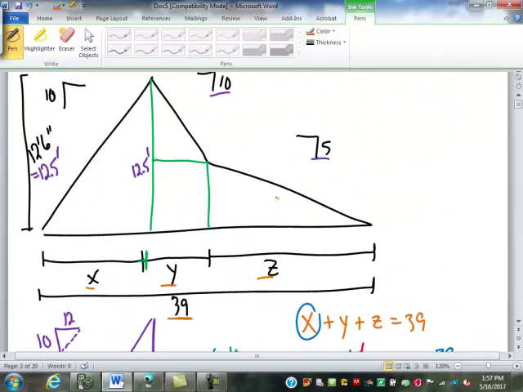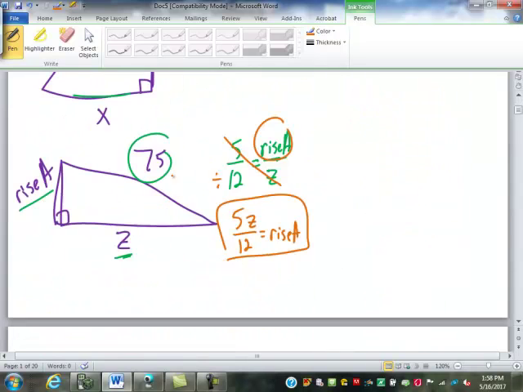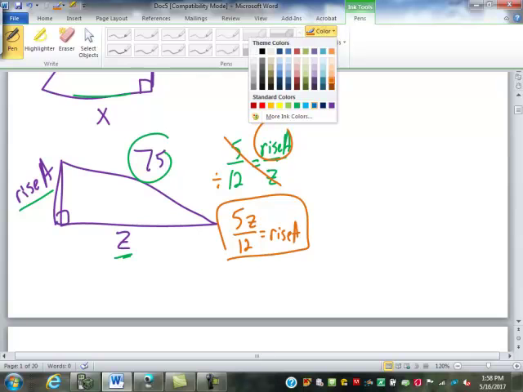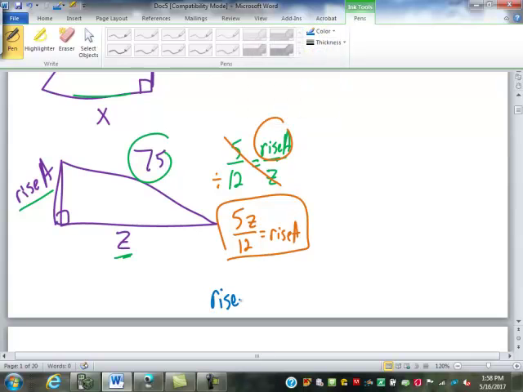So if I go back up to this picture, I have rise A here and rise B here. And I see that those two must add up to that total height of 12.5. So rise A plus rise B equals 12.5.